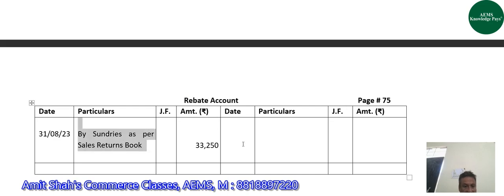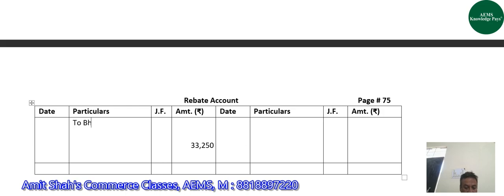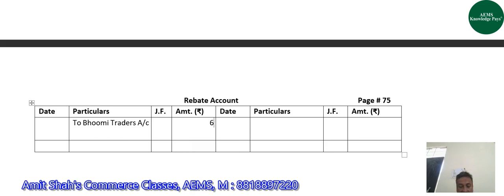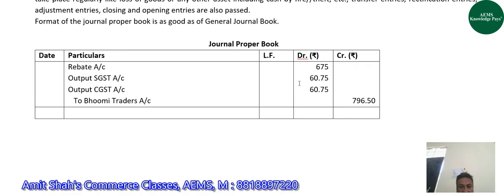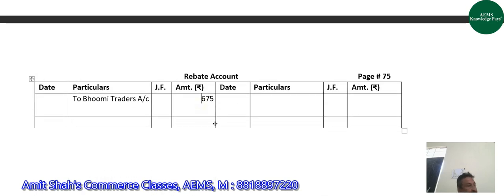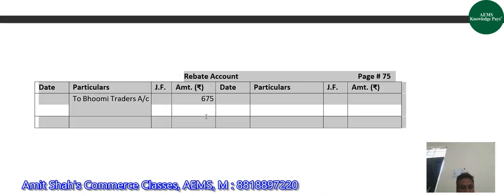So on the debit side of rebate account, we will write what? To Bhumi Traders account. With how much? What is the amount of rebate? 675. So on the debit side of rebate account, we will write the name of the opposite side, that is to Bhumi Traders, with the amount of rebate. That's it, 675. Make this fast, guys.